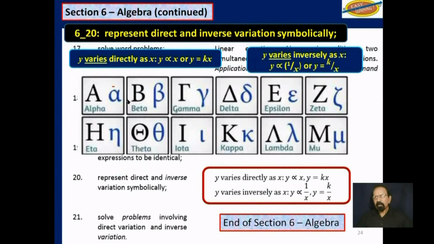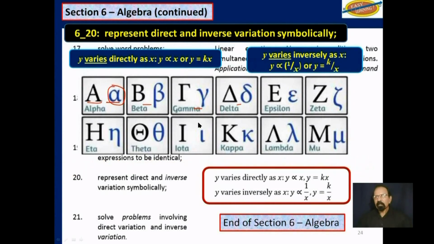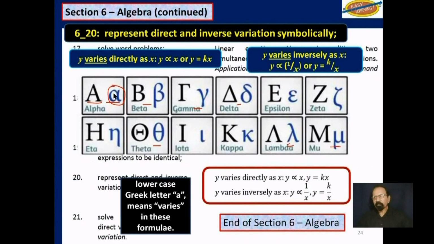Just a reminder, this is the Greek alphabet, uppercase A, lowercase alpha, and beta and gamma and so on, delta. We have seen that before. And theta for angle, and lambda for wavelength, and mu for micro. But we are here: the lowercase Greek letter alpha means varies in these formulae.